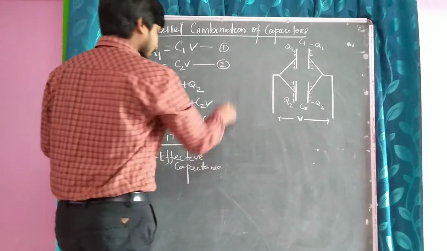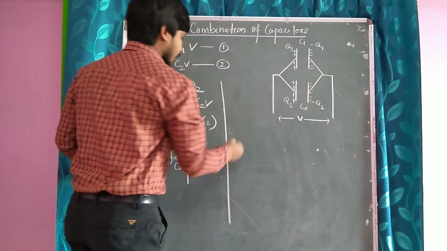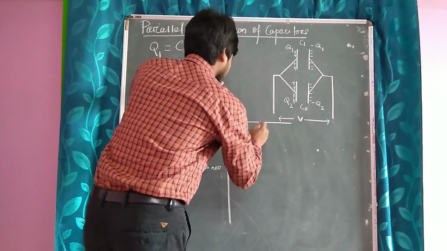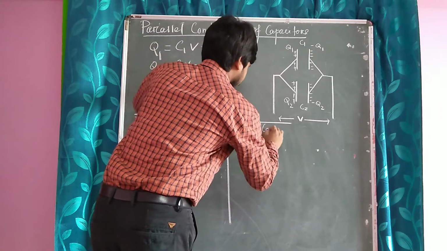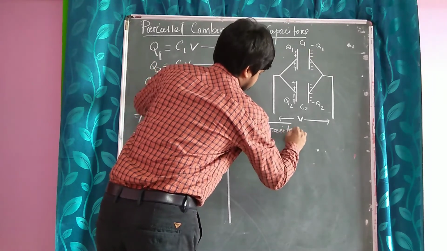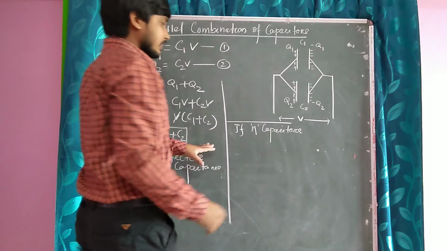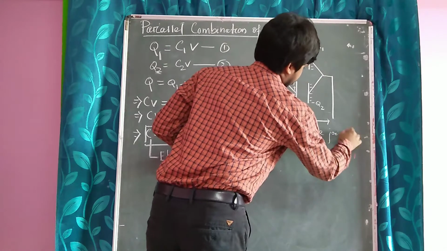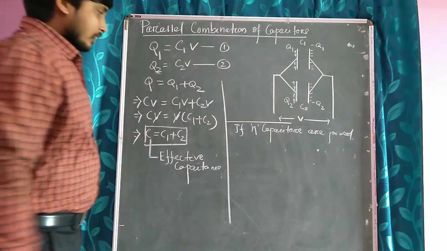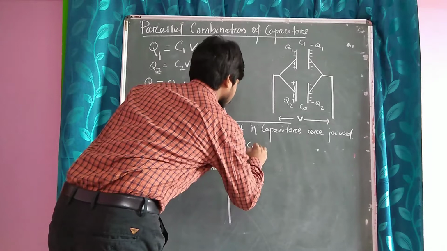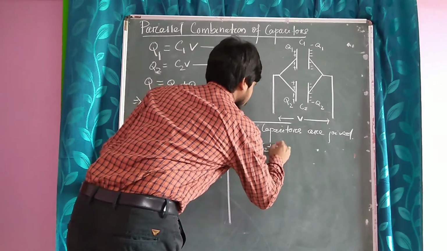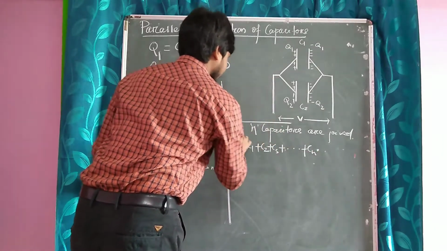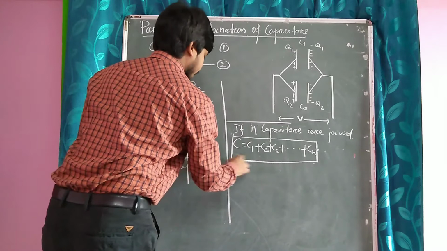So when two capacitors are joined in parallel, the effective capacitance you will get is C1 plus C2. Similarly, I can say if n capacitors are joined in parallel, then the equivalent capacitance will become C equal to C1 plus C2 plus C3 up to Cn, where Cn is the capacitance of the nth capacitor.